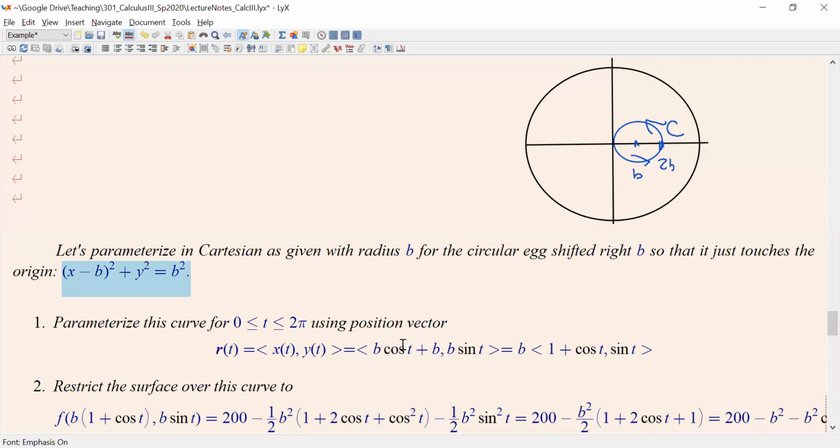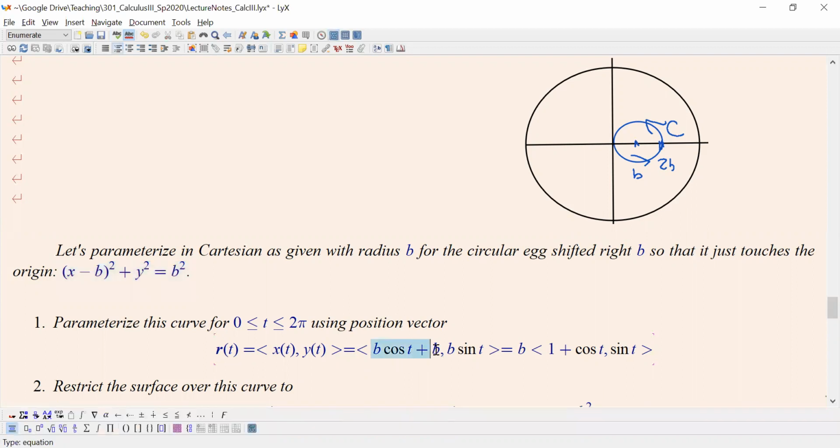So I shift that back. My x will be b cosine of t plus b to cancel out there. So that represents my x of t so that I can get a nice squared term there. And then my y is b sine of t, and I can factor a b out to get my position vector.